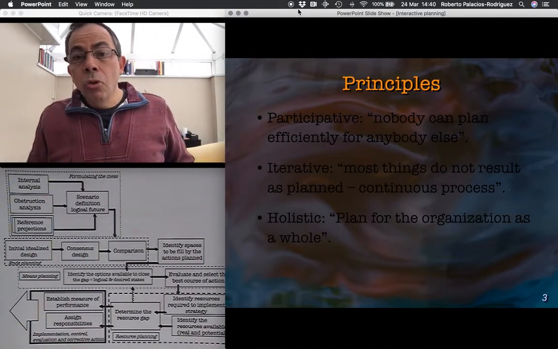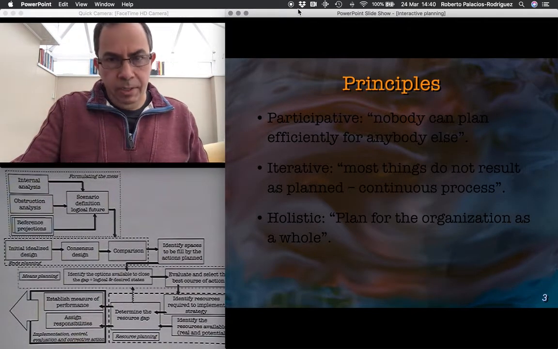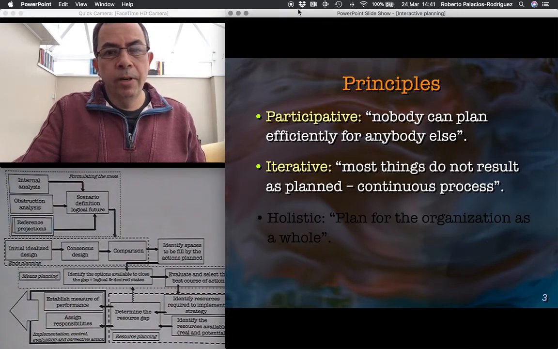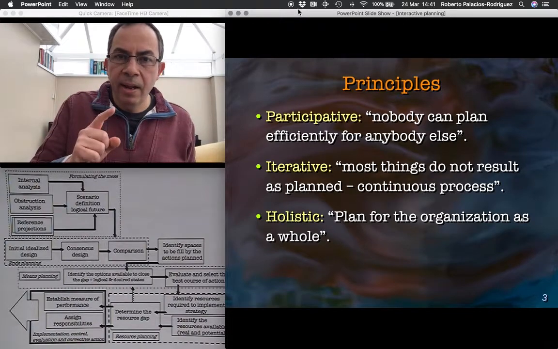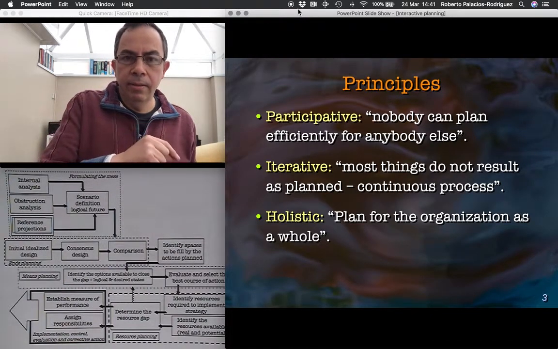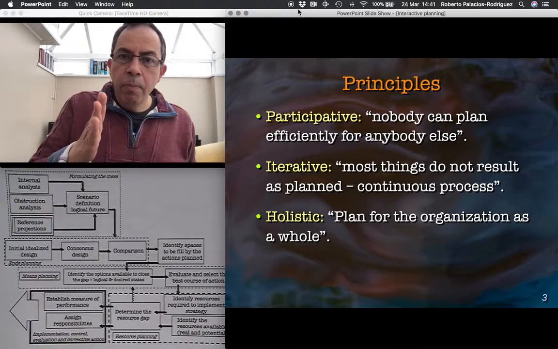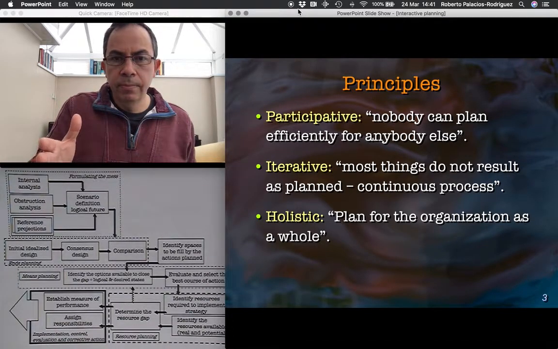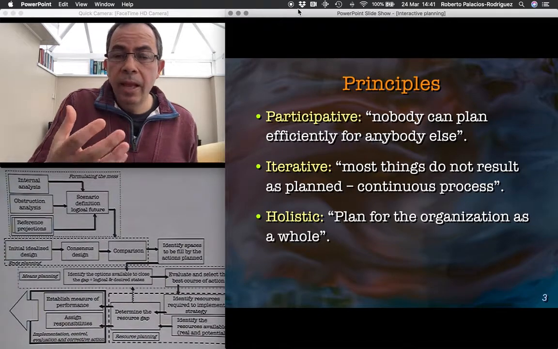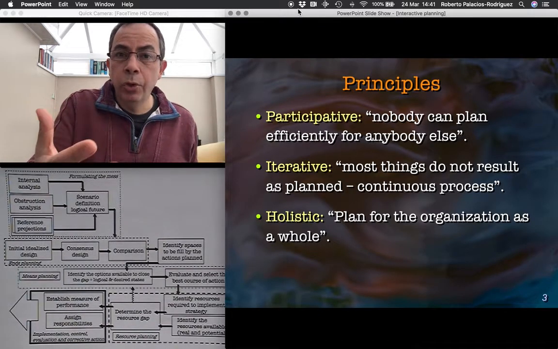The methodology is based on three principles. The first one is called the participative principle, stating that nobody can plan efficiently for anybody else. Anybody you are planning for has to be involved in the planning process, right? I cannot plan for you. I cannot determine what is best for you.